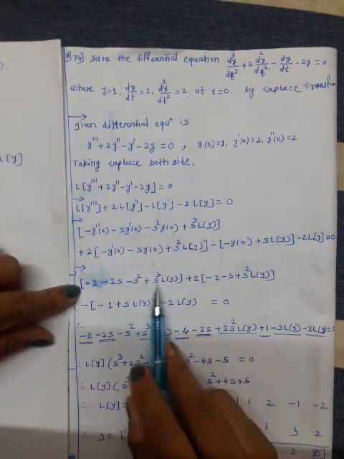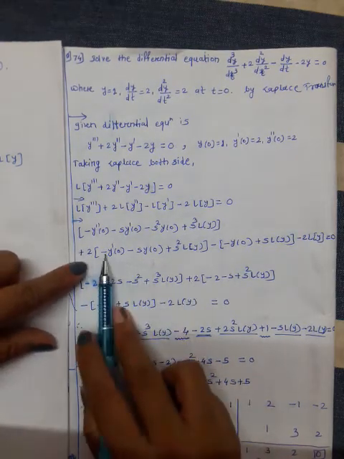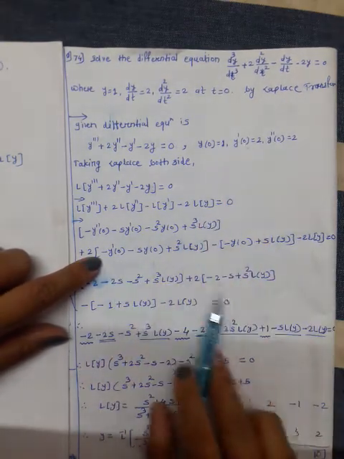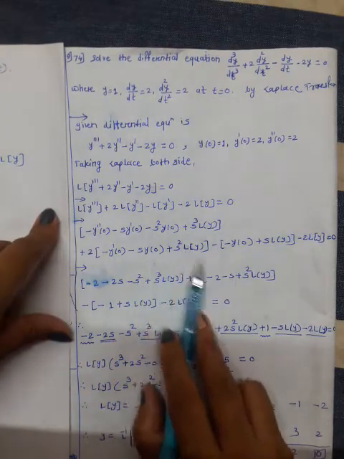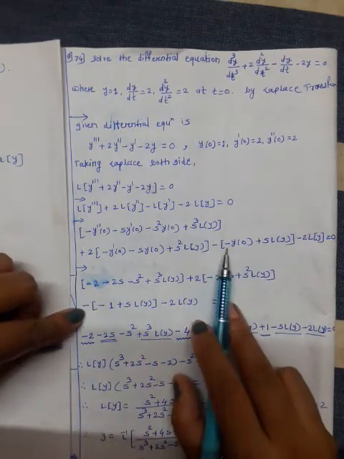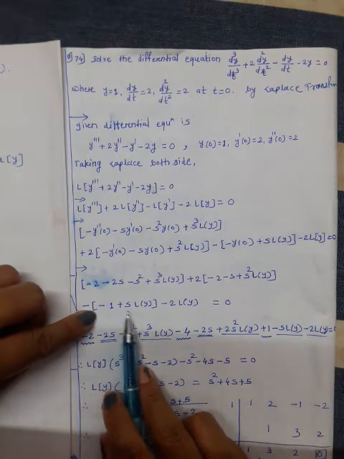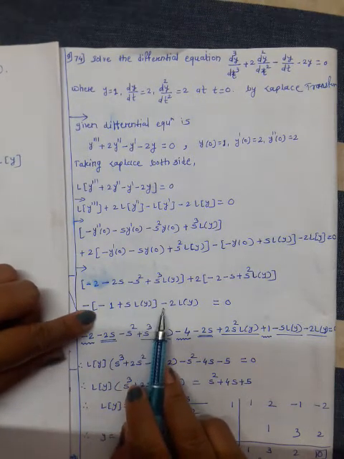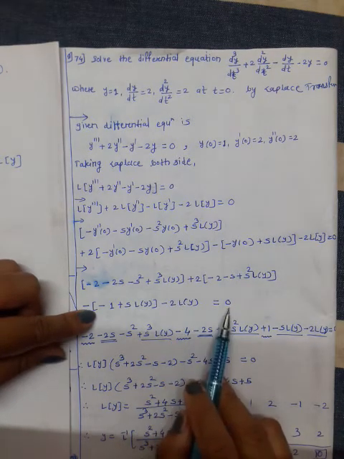Plus s cube L of y, plus this 2 as it is, minus y dash 0 is 2, minus 2, minus s into y of 0 is 1, plus s square L of y as it is, minus as it is here, minus as it is here, y of 0 is 1, that's why it is minus 1, plus s into L of y as it is, minus the last term 2 L of y, is equal to 0.